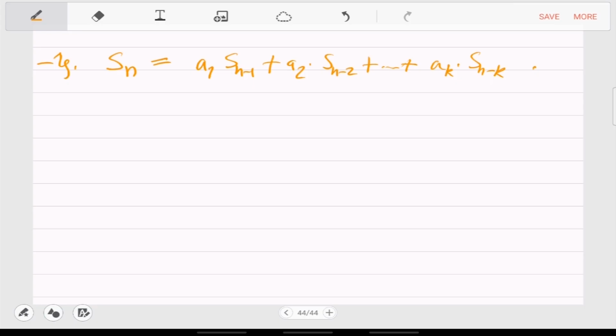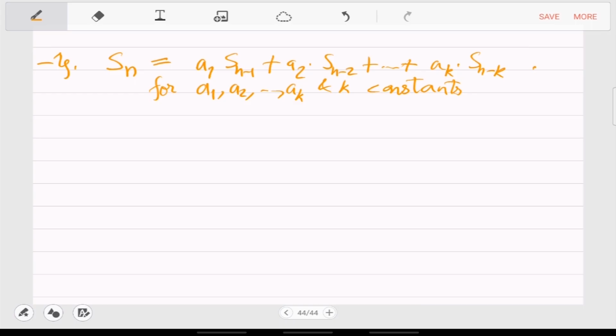It can go much further away than just n minus 2, and also a1 to ak you can pick. Previously they were all 1 or 0, but this can be anything now. So for a1, a2, ..., ak and k constants.